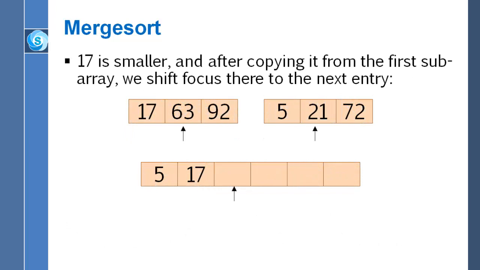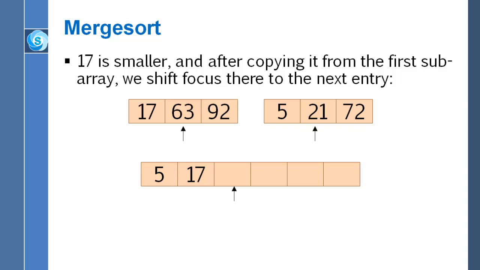Again, after copying 17 into the auxiliary array, we advance the arrow in the auxiliary array, and we also advance the arrow in the first half of the original array because we just copied from the first half. Okay?